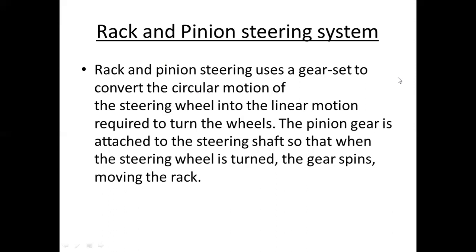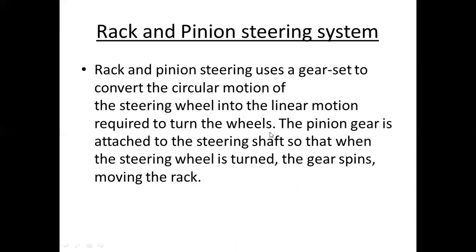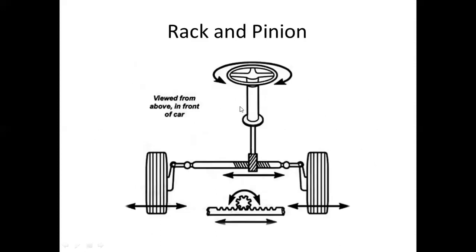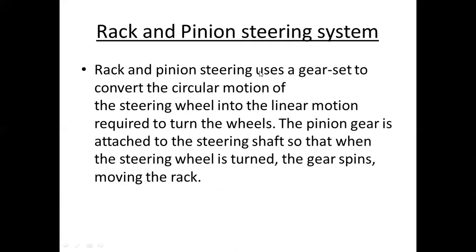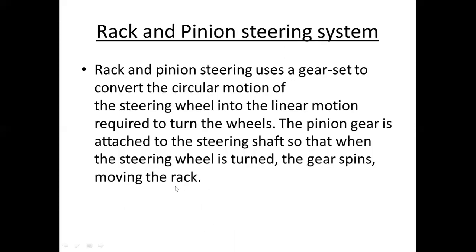The pinion gear is attached to the steering shaft, so that when the steering wheel is turned, the gear spins and moves the rack. And when the rack moves, the wheel automatically turns.